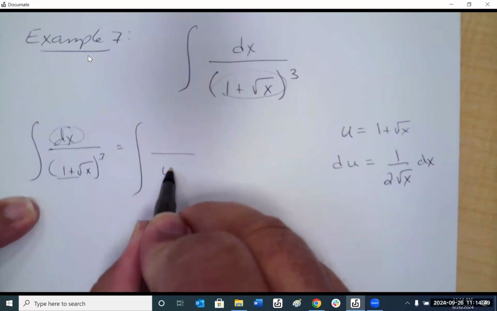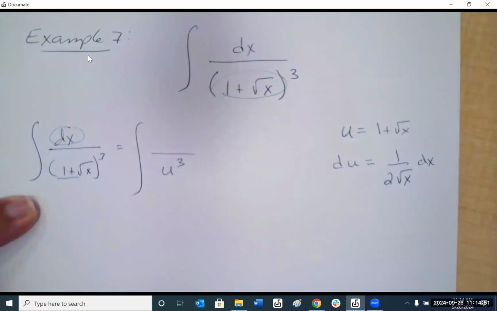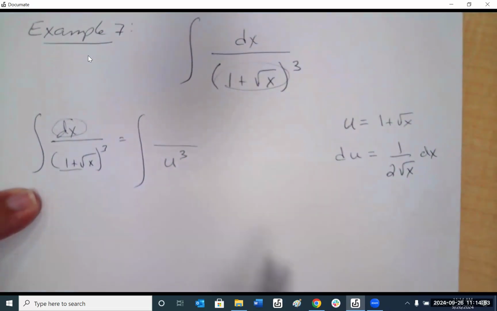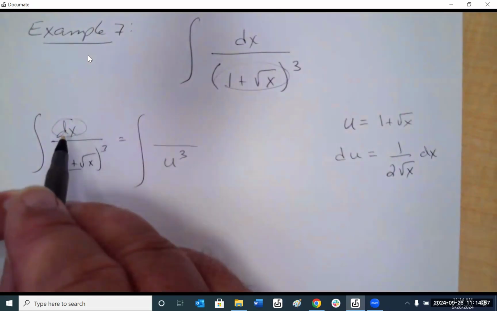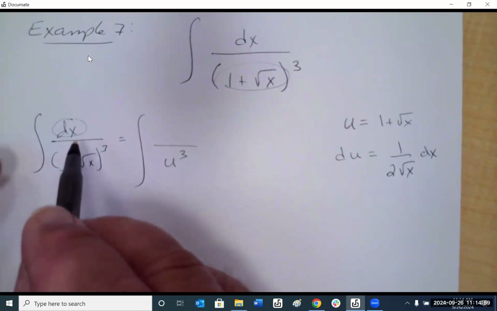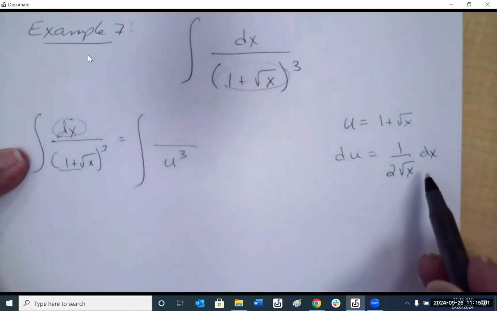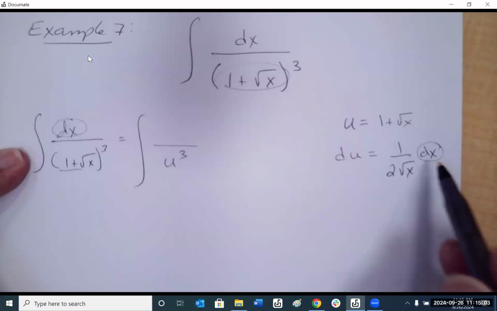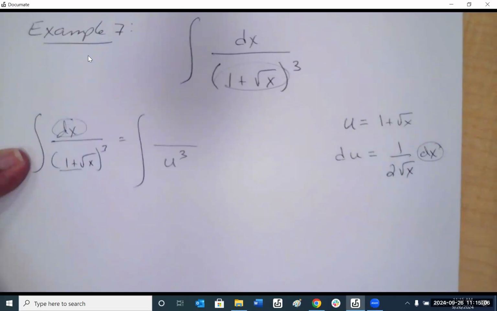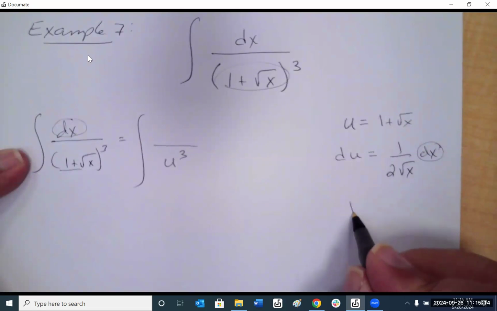On this, we have u cubed on the bottom. What do we put on top? We don't have du. We have a dx. So the only place we have a dx is here. Can we solve for dx? The answer is yes, always. We can solve for everything. So what is dx going to equal?